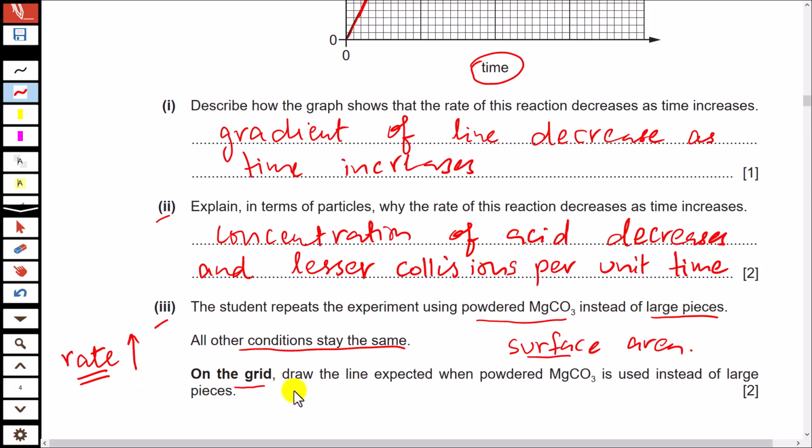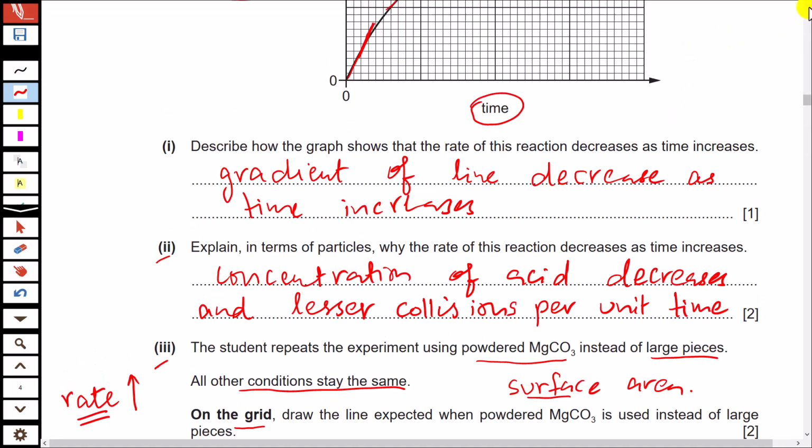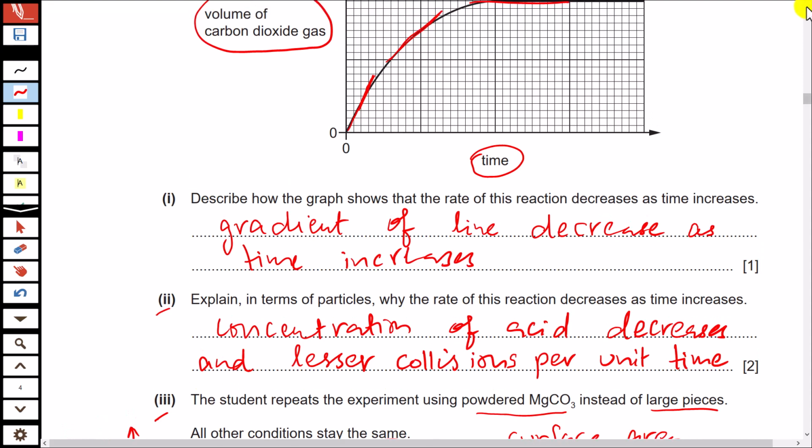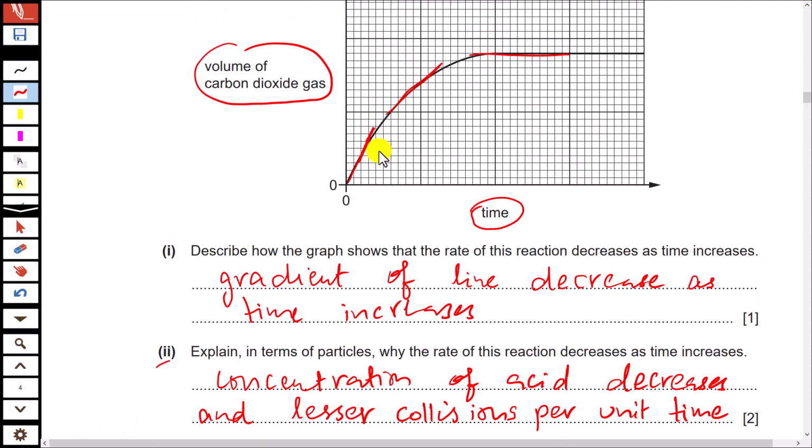We have to show this on the grid, and we have to draw another line. So how can you show the increase in rate of this reaction? Basically you have to draw a new line with an increased gradient. The gradient of this new line is greater than the gradient of the previous one, or you may say the new line is steeper and it will become flat earlier.